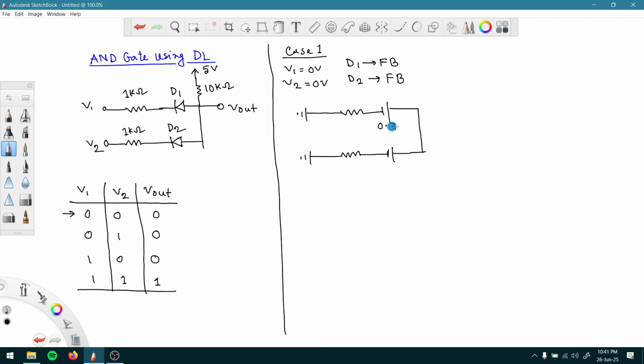Both of them are 0.7 volt, and all of them are actually connected with 5 volt with 10k. So let us just draw it here. This is 5 volt, right? And then we are going to get the output from here, V out, right?